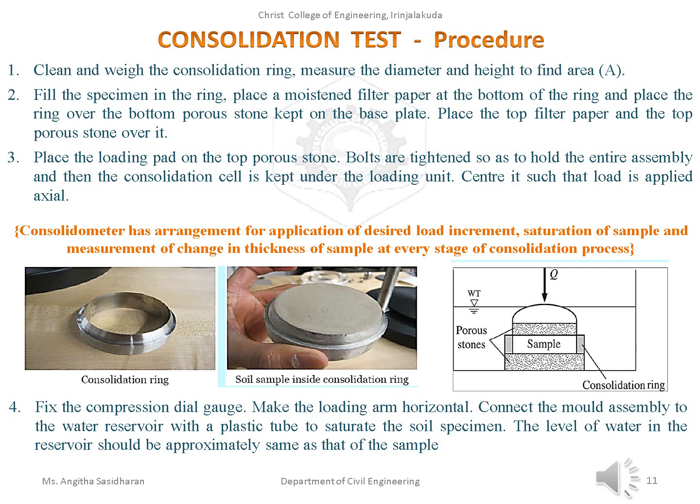There will be an arrangement to connect a plastic tube coming from a water reservoir, and water will flow into the cell of the consolidometer and saturate the soil specimen. The level of water in the reservoir should be approximately the same as that of the sample.